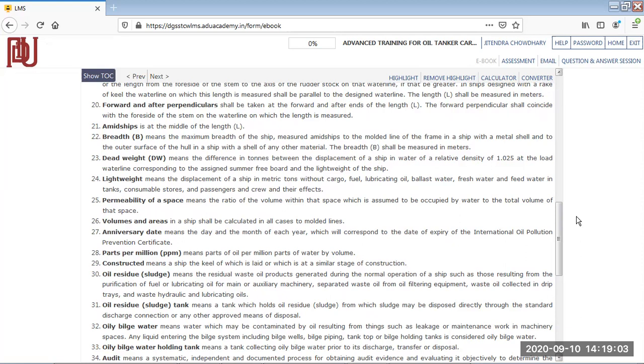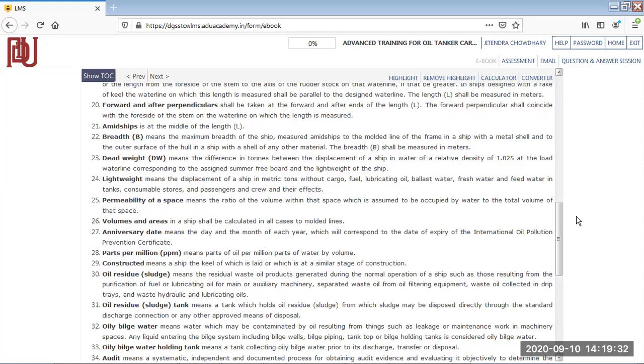If the ship is loaded, it will have crew, stores, fuel, water, and cargo. The total weight is displacement. If you remove cargo, fuel, freshwater, stores, crew, and everything from the displacement, only the weight of the steel structure is your light weight.